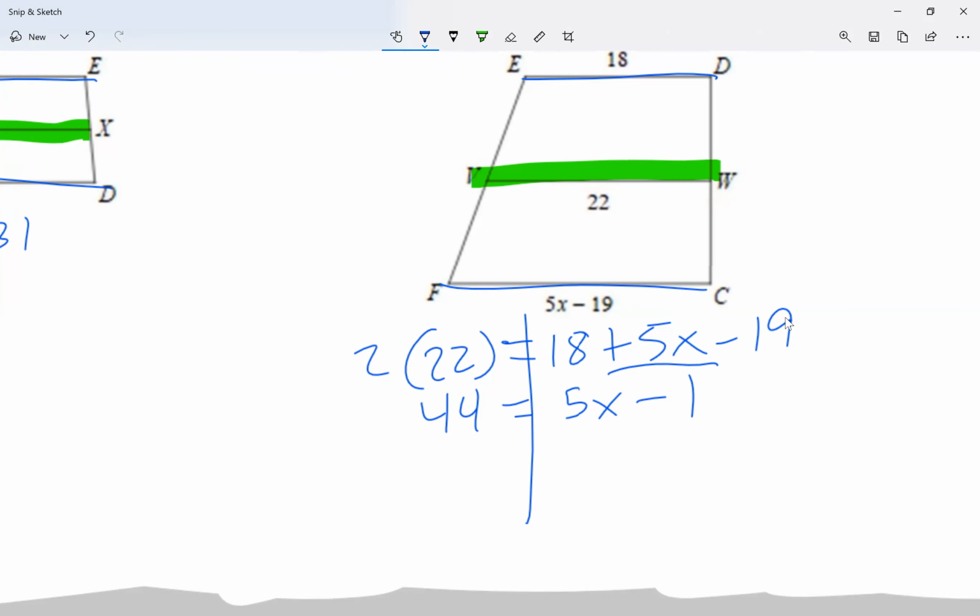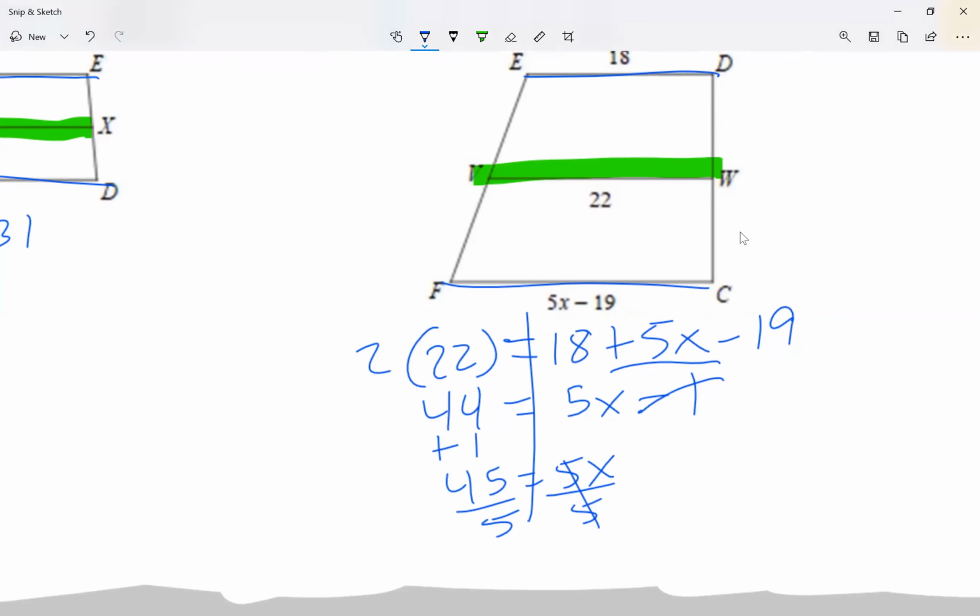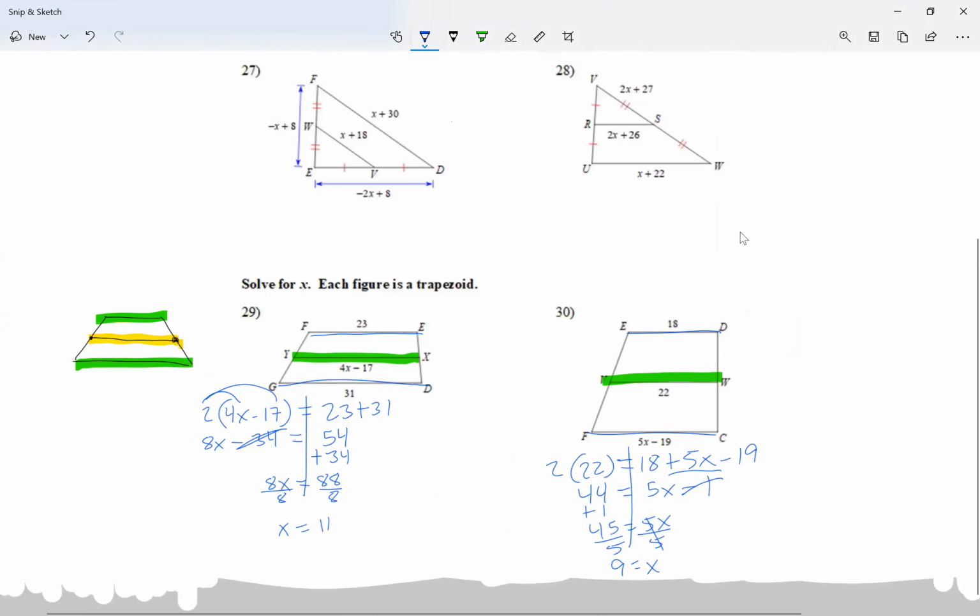So anything that doesn't have a letter, let me move it to the left. So this minus 1, let me move it over to plus 1. So I have that 45 is equal to 5x. I see a 5 in front of x, so let me divide both sides by 5. So I get that 9 is equal to x. Good. That wasn't bad. Let me zoom out so you guys can see what we did.